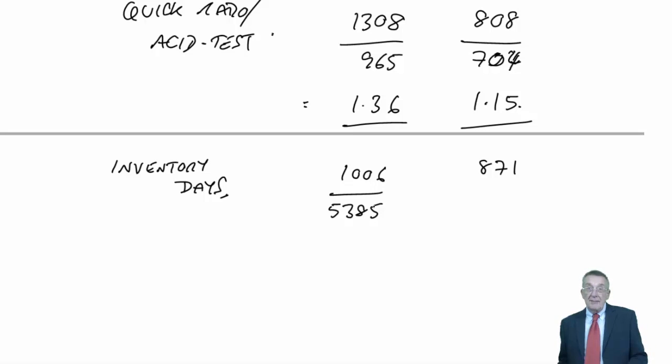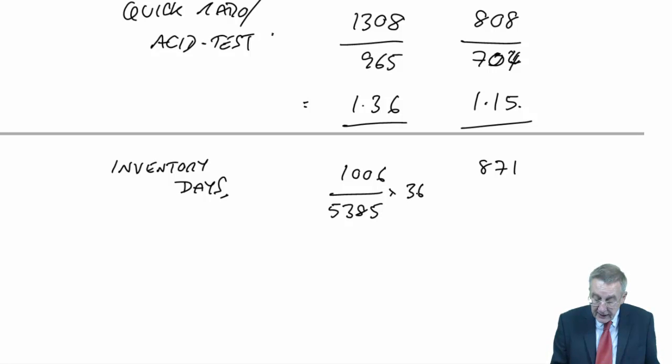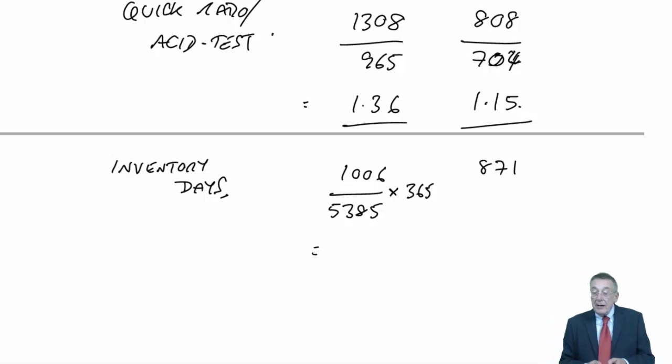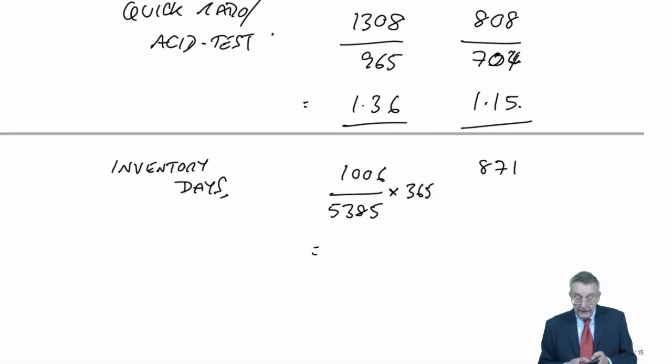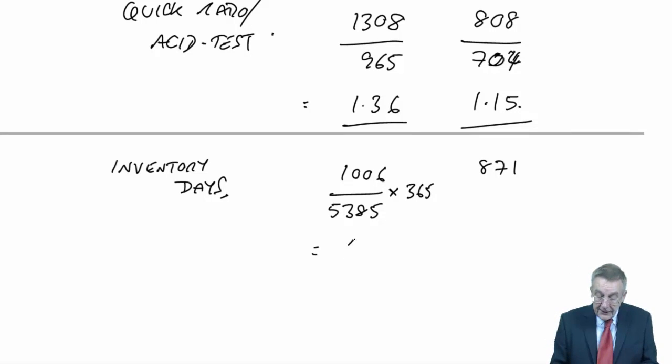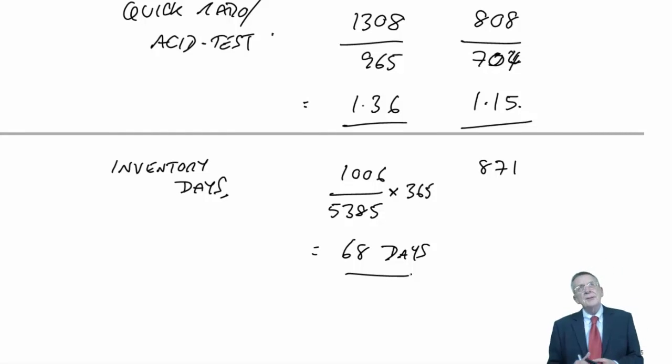We've got 1,000 in inventory, which is about a fifth of a year. Or if we assume 365 days in a year, which you would unless told otherwise, we've got enough inventory to last us, I think it's 68 days, 2 months, which does seem rather a long time.